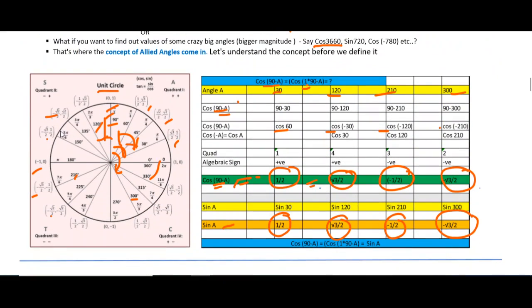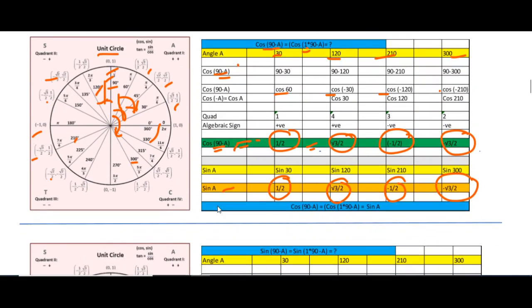We have kind of proved with this logic that cos of 90 minus a, that we calculated over here, is equal to sine of a, because a and 90 minus a are anyway complementary angles. We're just trying to reiterate the same thing, that cos 90 minus a will be equal to sine of a, and both of them match in numerical value and also in the algebraic sign, right? So we got one definition.